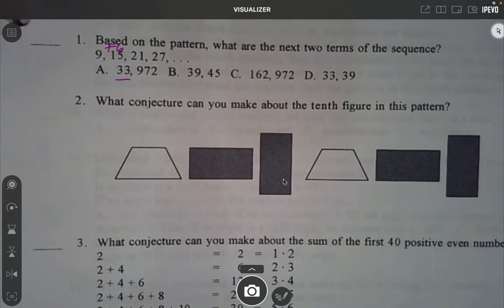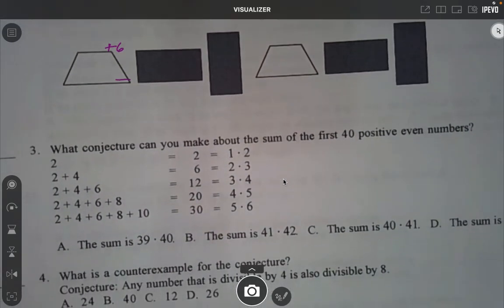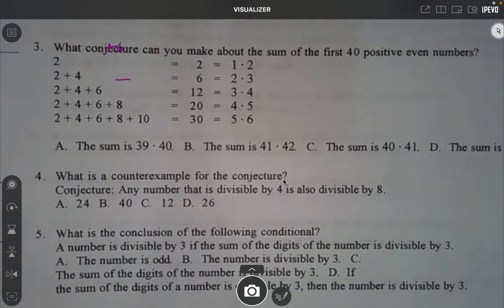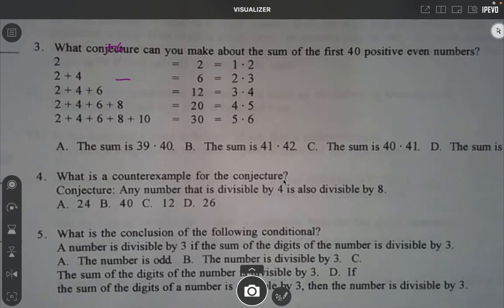Alright, then number 3. I'm gonna kind of fly through these. Number 3. What conjecture can you make about the first 40 positive even numbers? Follow your pattern. This one's nice because it shows you the pattern. If it's just one number, it was 1 times 2.